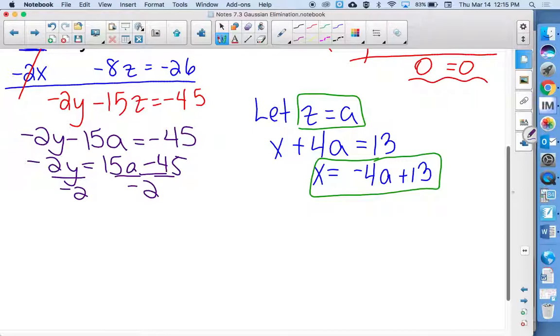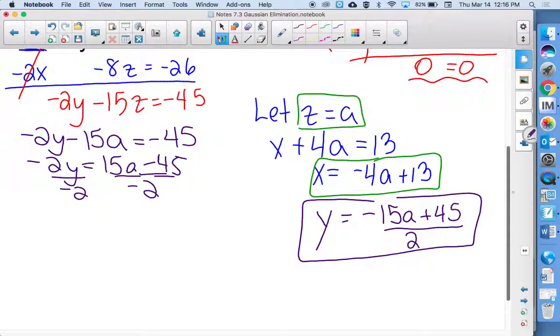Okay. So my y term, when I divide by -2, the negative really can't stay in the denominator of a fraction, so it goes to the numerator. And we get -15a plus 45, and then divided by 2. So here's my y. So now I've solved for x, y, and z, but they all have that same constant value in them, that a term.